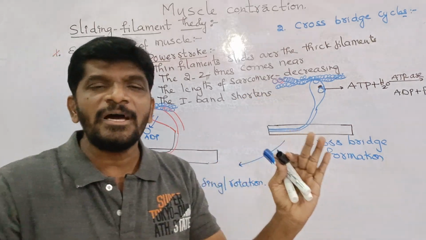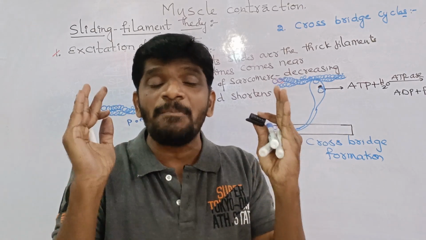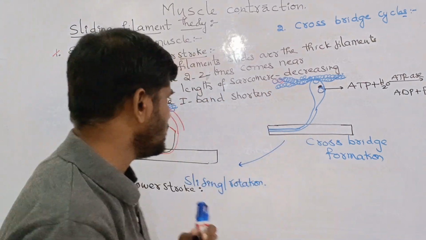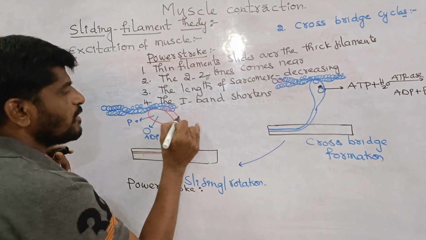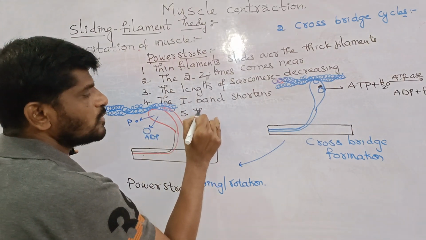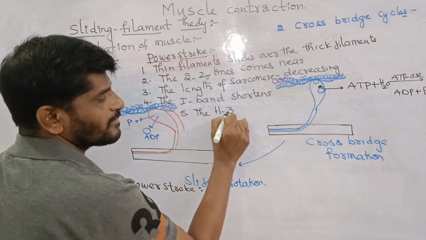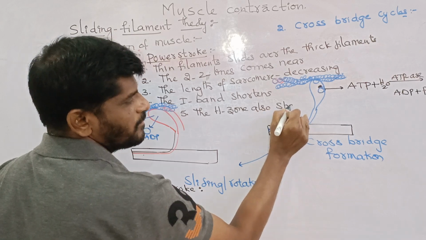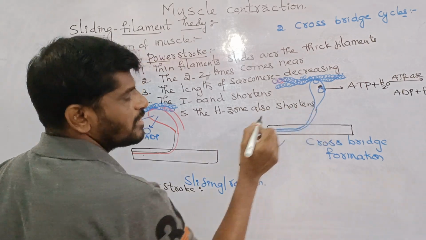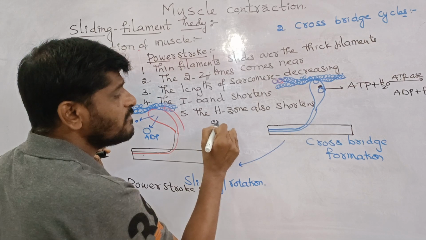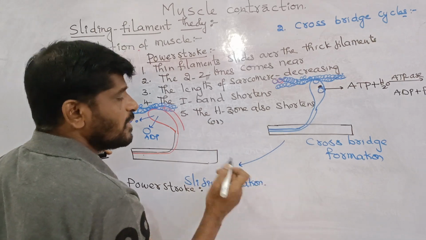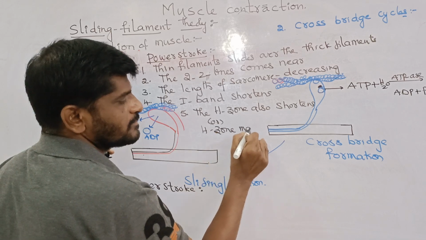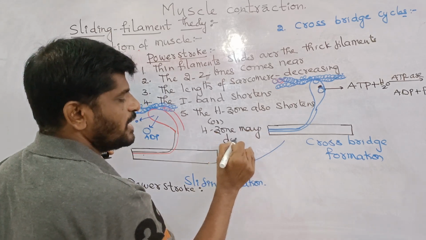The length of the I band decreases, but in a powerful power stroke, the I band may disappear totally. Not only the I band, the H zone also shortens, or in a powerful power stroke, the H zone may disappear.